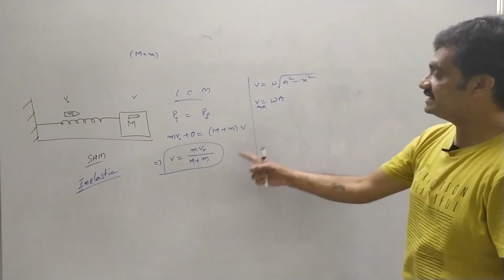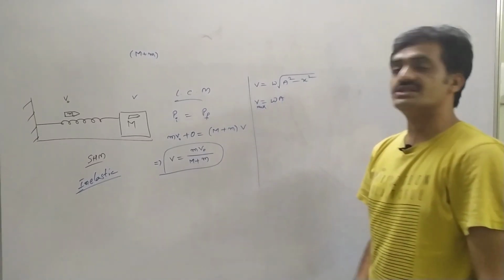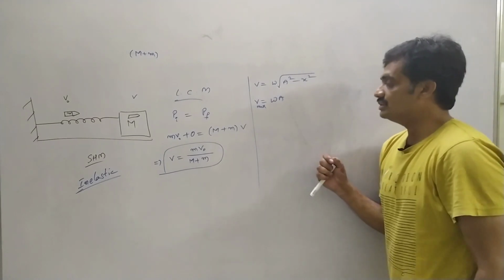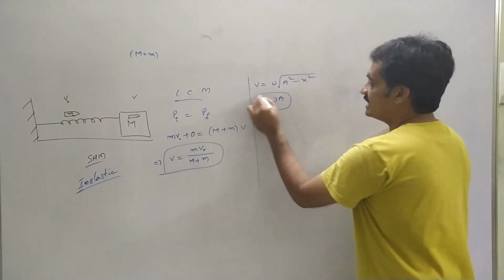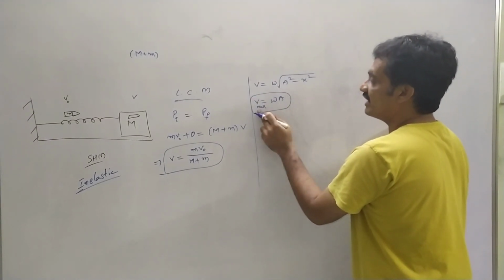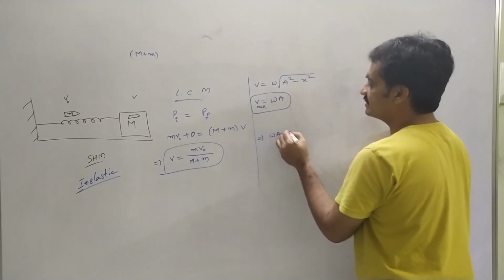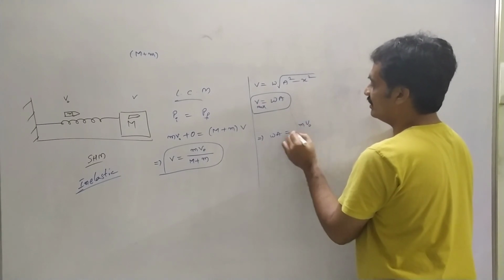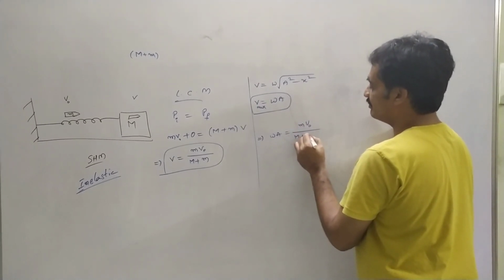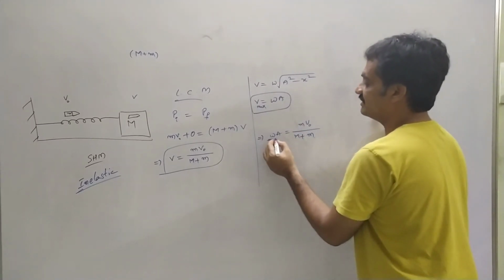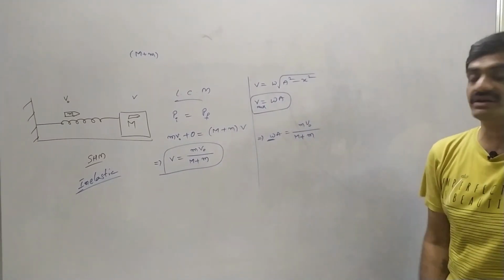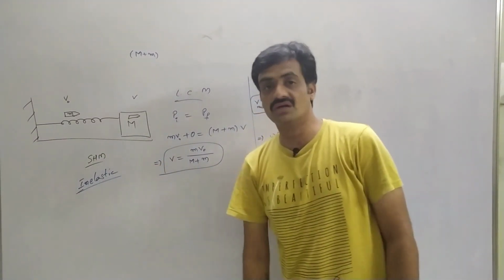So v max equals omega a. As we substitute the value of v in this equation, we have omega a equals m v naught by (M plus m), where we have to find the value of omega in order to find the time period of oscillation of this spring block system.